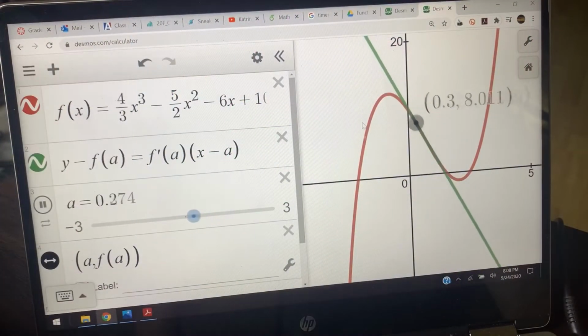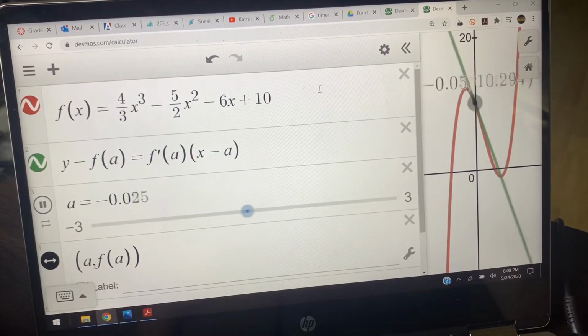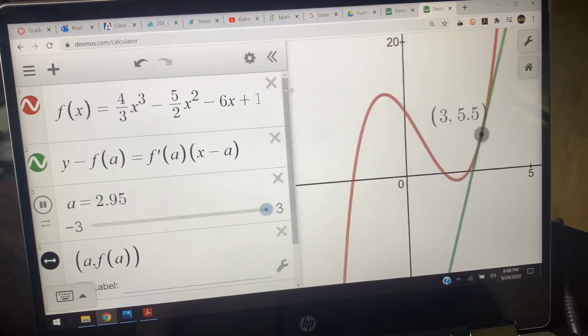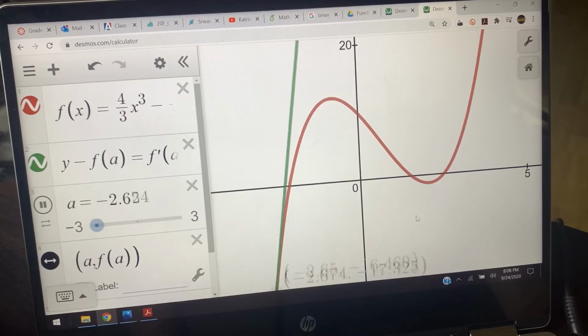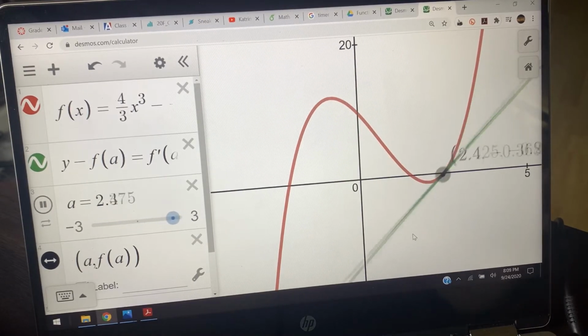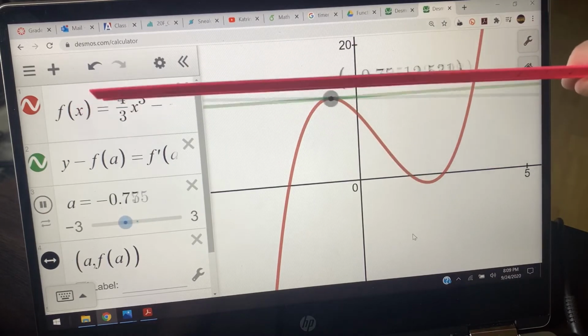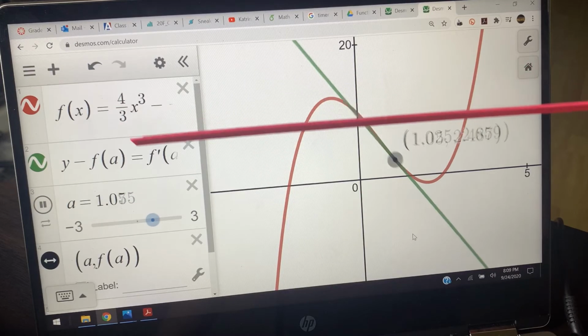Check it out. In box number 1 up here, I typed in the original problem that I created. And then what I want you to see is that the green line is called the tangent line. And we want to know when the tangent line is perfectly horizontal like this. And that happens 2 times, right there and right here.